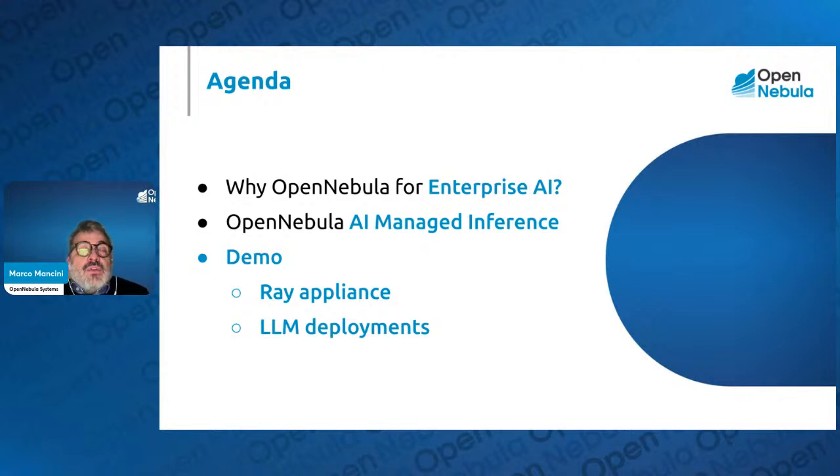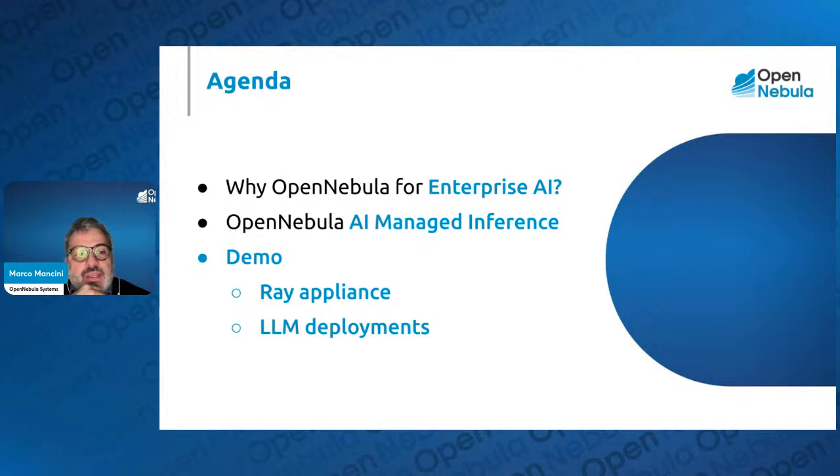So organizations can really focus on AI innovation, on integrating AI in their own business processes, rather than managing cloud complexity. And one of the most important things is also to reduce costs. So I will introduce this, and in particular how we are providing a solution for AI managed inference.